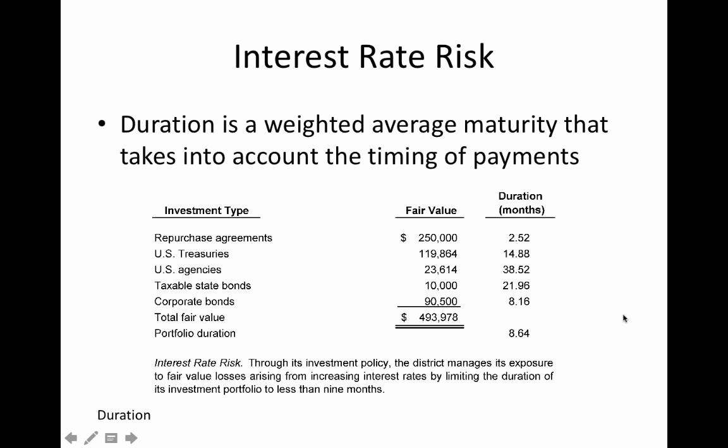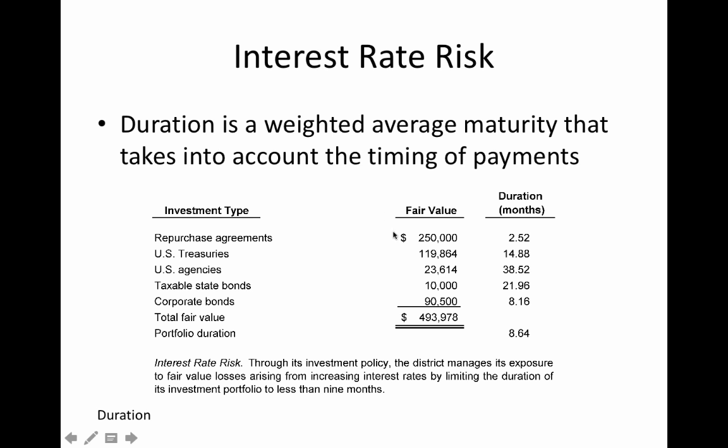So in this case, you can see duration is measured by months. This one's probably exposed to a little bit more interest rate risk. These U.S. agency notes, which you should feel are fairly safe in most cases, but their values do change, sometimes significantly, particularly in a market downturn.